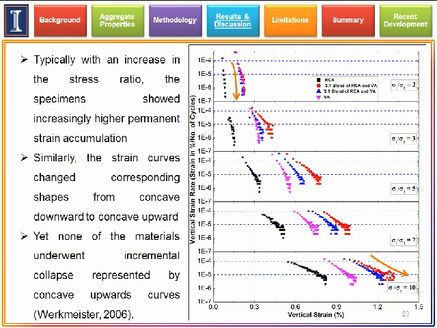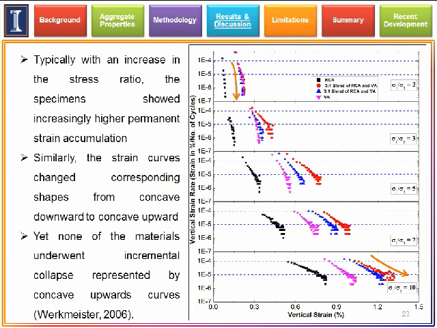Typically, with an increase in the stress ratio, the specimen showed increasingly higher permanent strain accumulations, as you can see here. Similarly, the strain curves change shape from concave downwards to concave upwards. Yet, none of the materials underwent incremental collapse, represented by concave upwards curves.